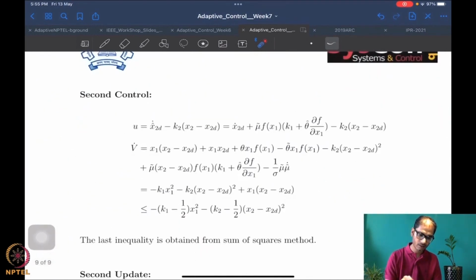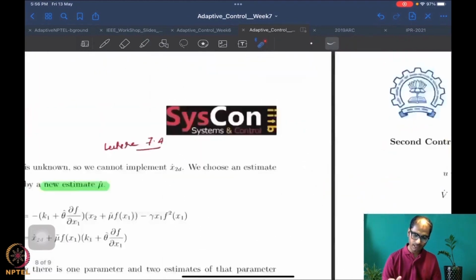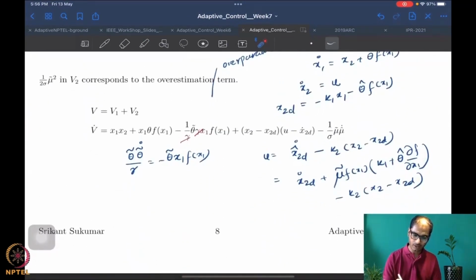So all of this, this term gives me this term. Then this term gives me this term. And this term will cancel out, because there's an x2d dot.